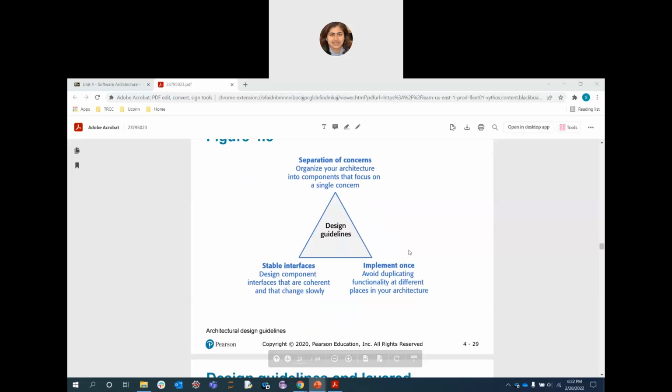So this slide shows the architectural design guidelines: separation of concerns, stable interfaces, implement one. So please read from the book and try to understand what these design guidelines are.